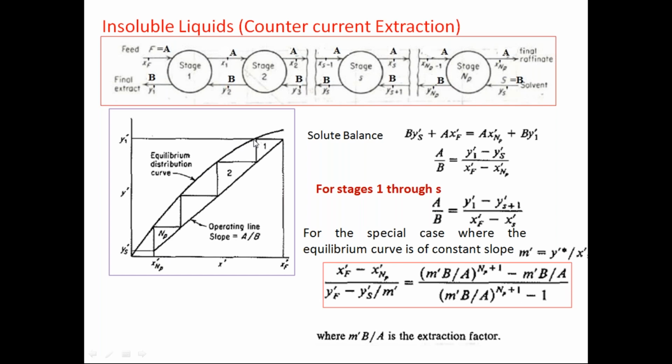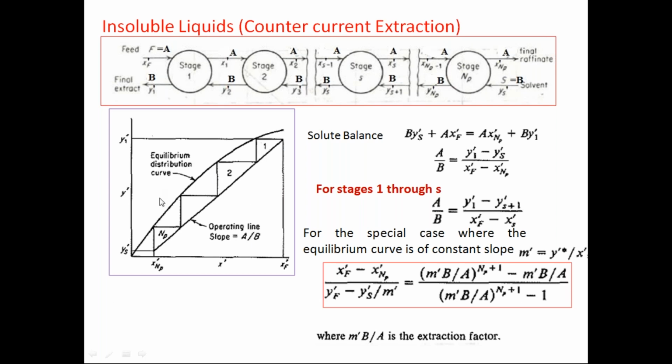You can add these two points, so this is one operating line which you can draw using the pinch technique. You draw these two lines and you get A by B minimum. In that way, the minimum solvent requirement per 1 kg of the solvent can be estimated.